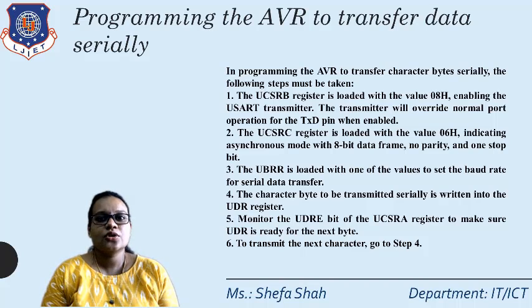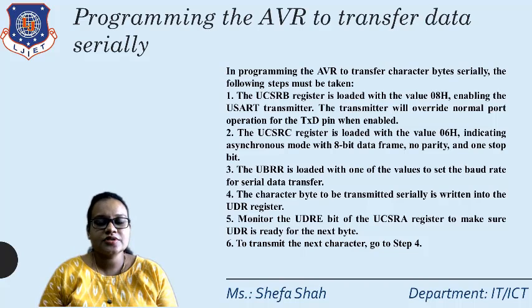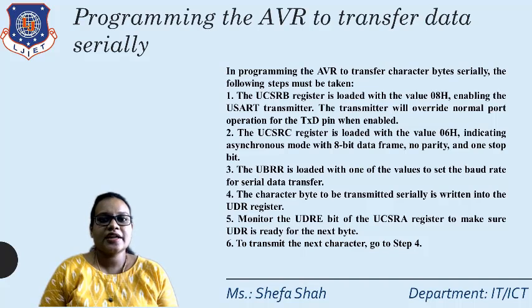What does this 08H stand for? When you represent 08H in binary format in this UCSRB register, you will see that the third bit, D3, will be enabled, and the D3 bit is the TXEN pin. Whenever we need to transmit data, we need to enable the transmit enable pin in UCSRB, so for that purpose we give the value 08H in UCSRB.